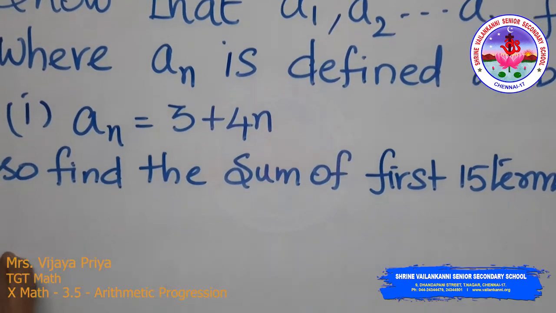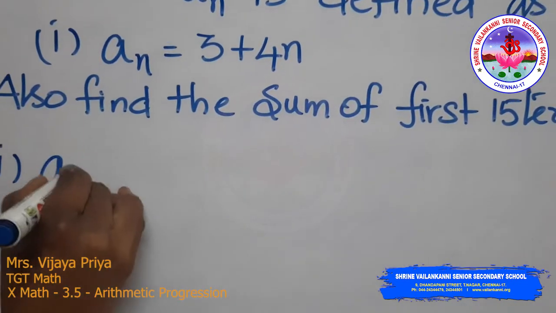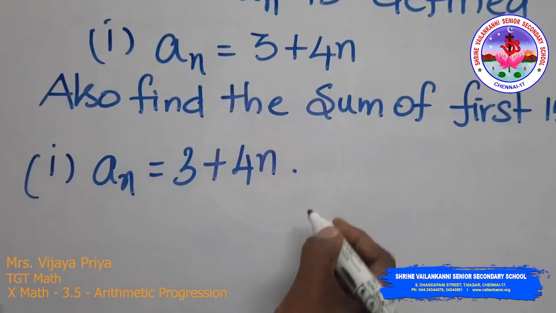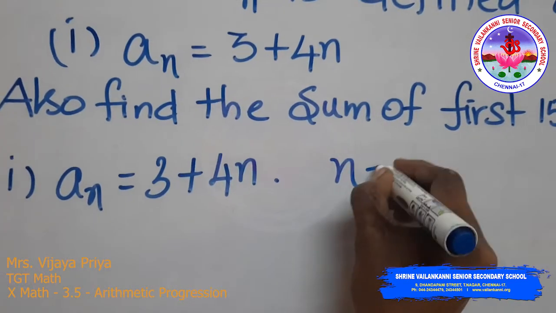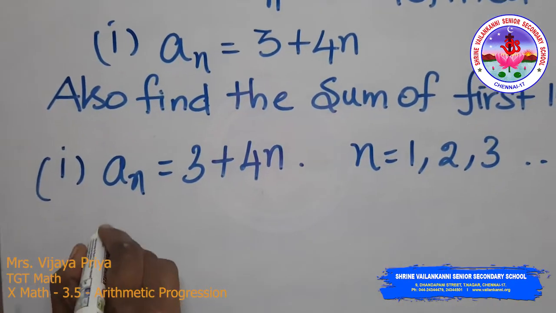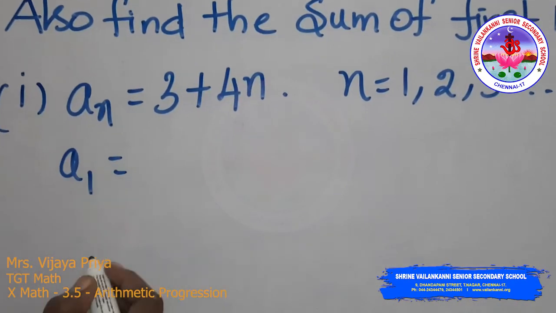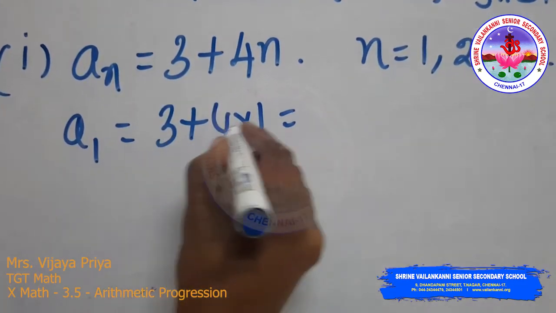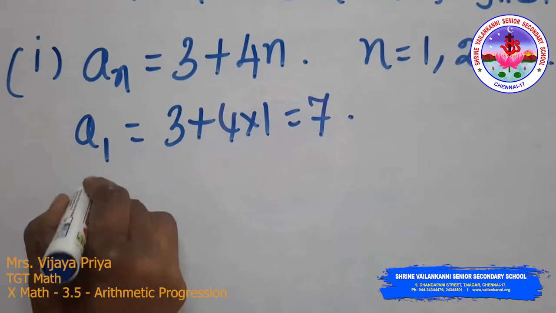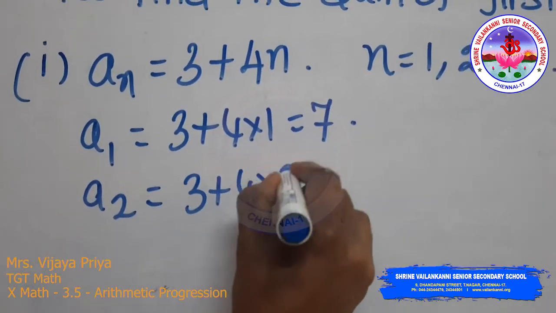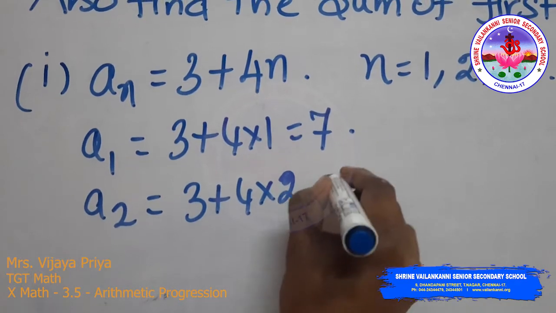So the nth term he has given in the first problem is an = 3 + 4n. So I am going to give n values as 1, 2, 3, etc. First I am taking a1 = 3 + 4 into 1, which gives 3 + 4 = 7. a2 = 3 + 4 into 2, where I am substituting n = 2 here.